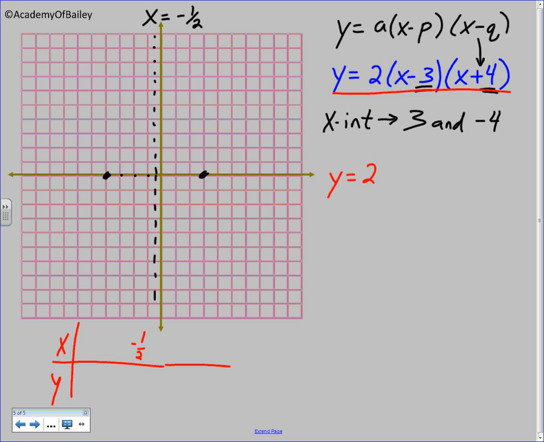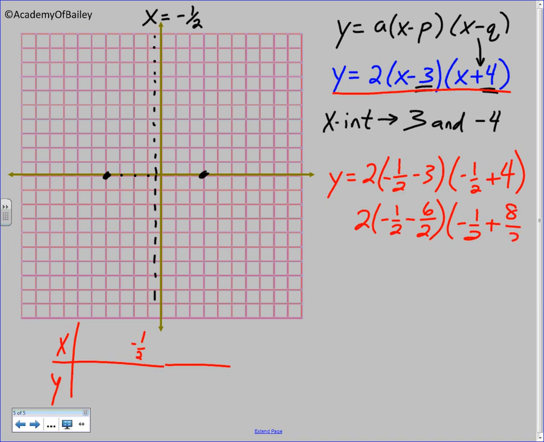Y is equal to 2 times negative 1/2 minus 3 times negative 1/2 plus 4. Okay, so this is going to be 2 times negative 1/2 minus, they have to have common denominators, so I believe 6 over 2 makes those common denominators, and negative 1/2 plus 8 over 2. So we get 2 times negative 7/2 and positive 7/2.